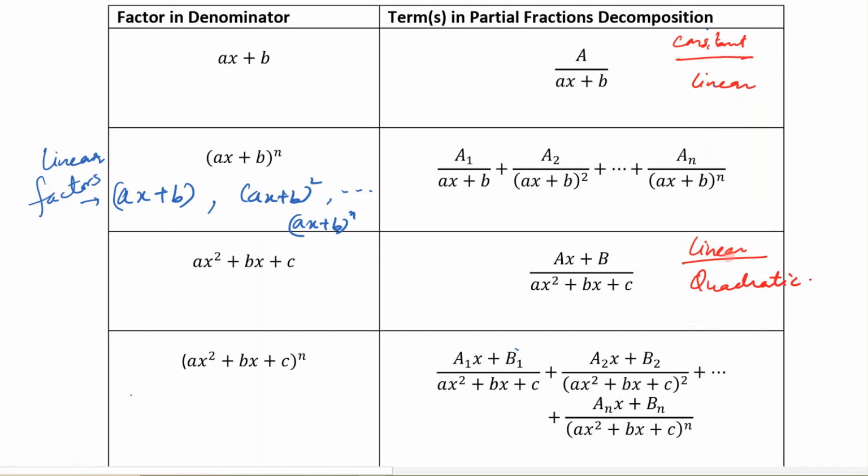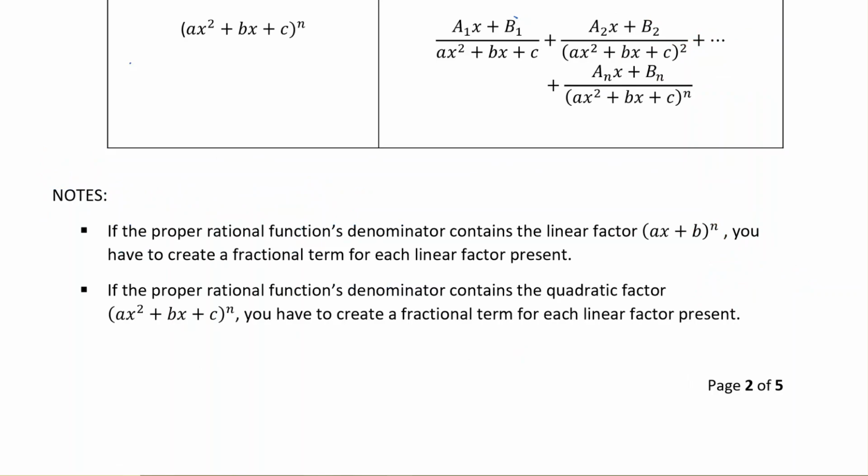So 1 power less. And if you have the nth power of a linear factor, you have to create a fractional term for each power up to n. Similarly, for a quadratic factor, you have to create a fractional term corresponding to each power of the quadratic factor present.